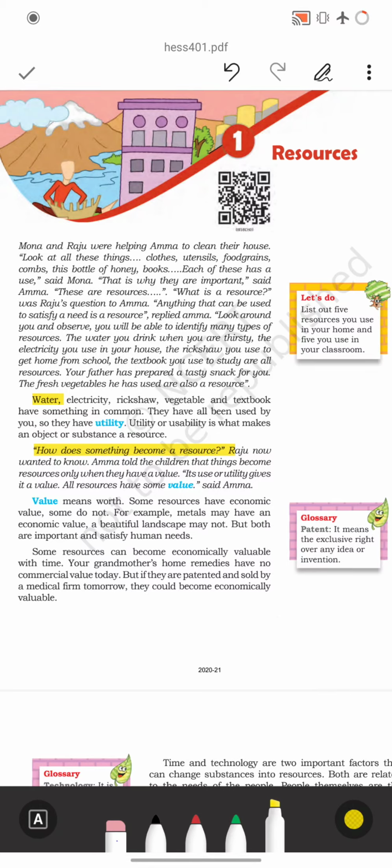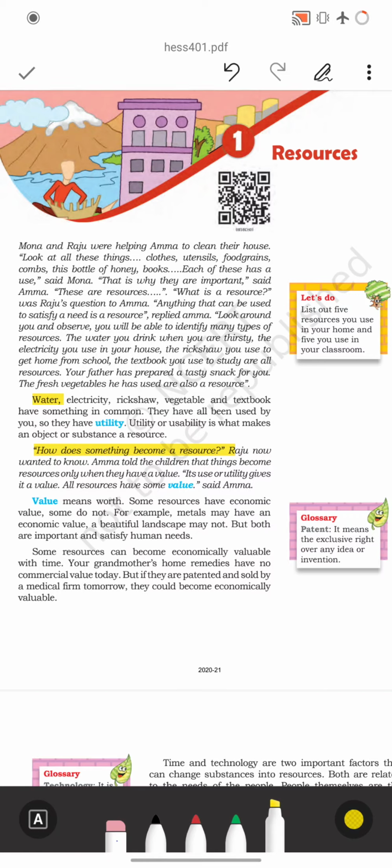A simple example, your grandmothers have home remedies, but in commercial value they will not go for much. But if they are patented and sold by a medical firm tomorrow, they could become economically more valuable.